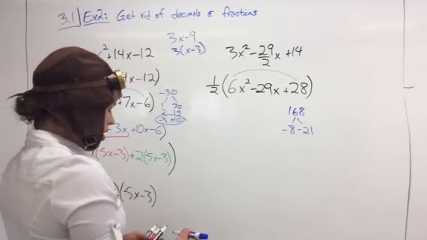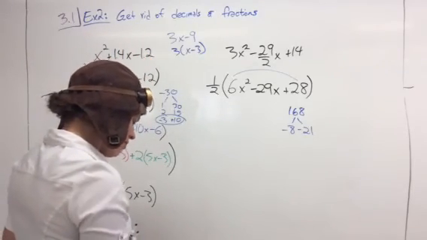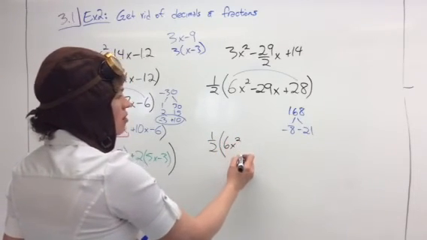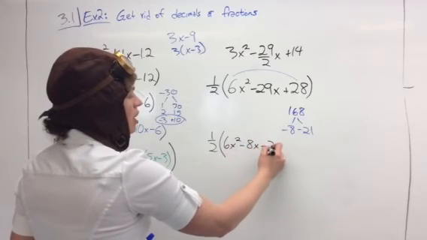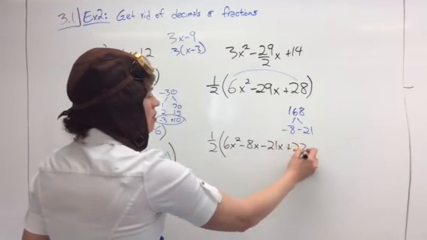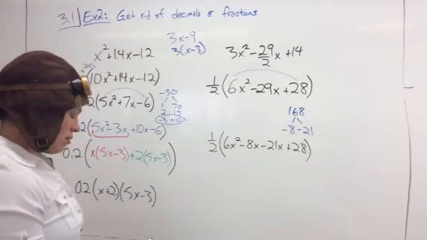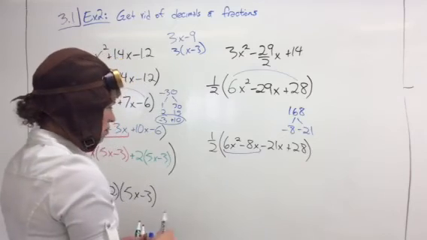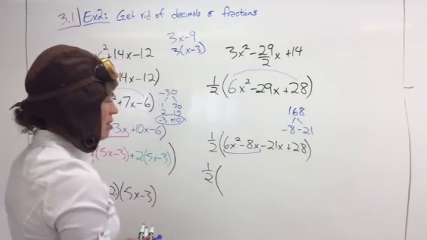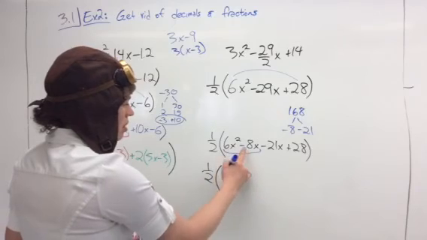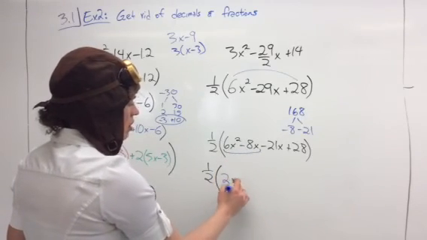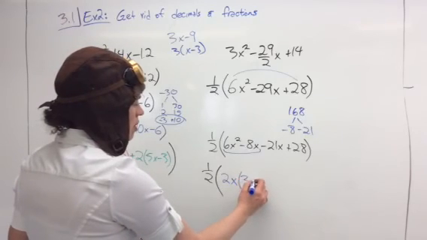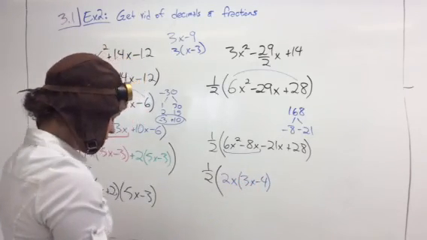So now we've got the half on the outside of the brackets, and you've got your 6x squared minus 8x minus 21x plus 28. And we're going to factor the first 2 as usual, leave the 1/2 outside the brackets, and 6 and 8 have 2 in common, x squared and x have an x in common, so I'm left with 3x minus 4 in that set of brackets.